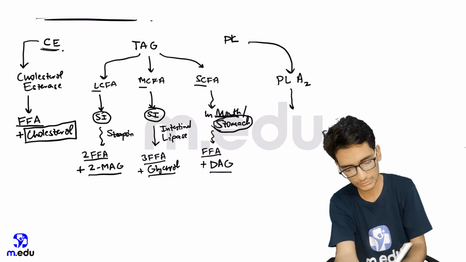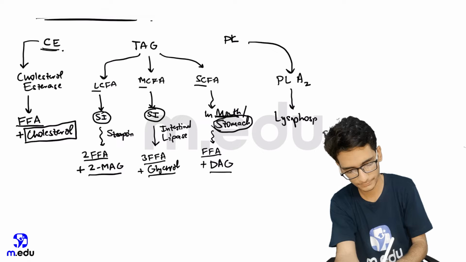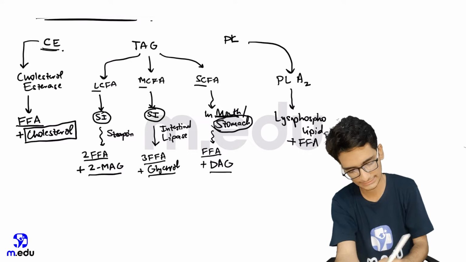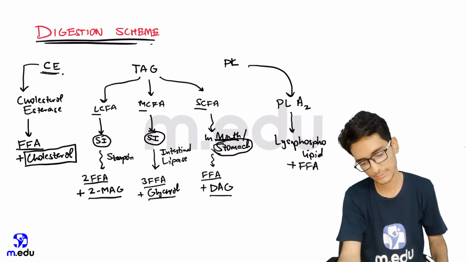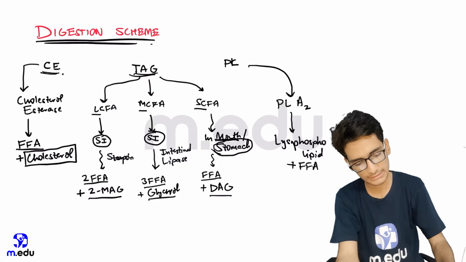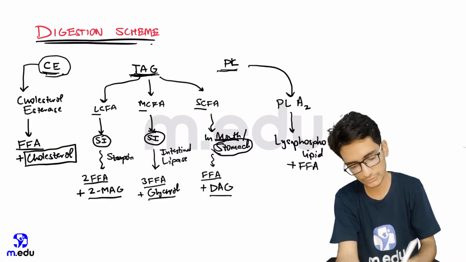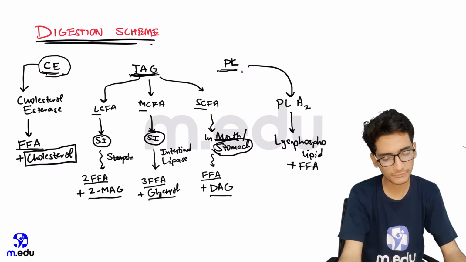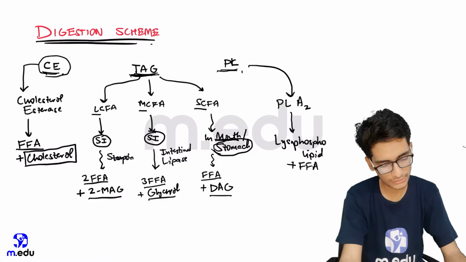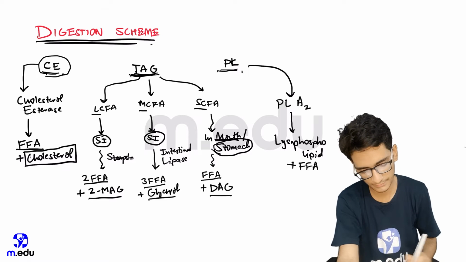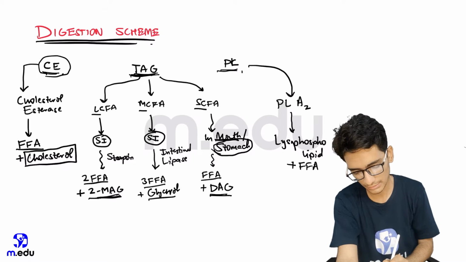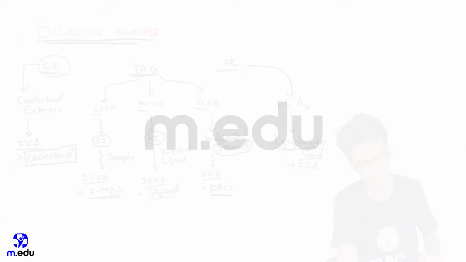This enzyme converts phospholipid into lysophospholipid along with a free fatty acid. This explains the digestion scheme of cholesterol ester, triacylglycerol and phospholipid, each converted respectively into cholesterol, MAG or DAG, monoacyl glycerol, diacyl glycerol, and lysophospholipid.